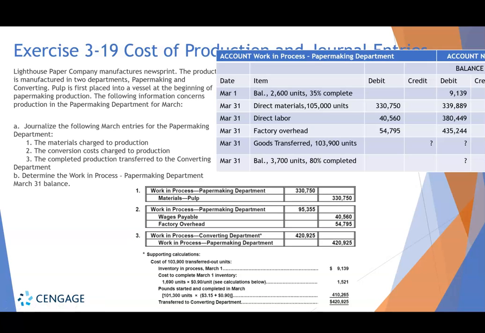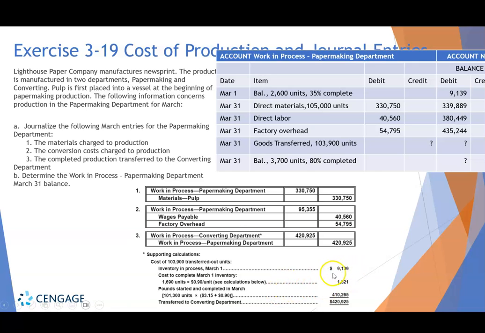Now, when we take it out of the paper making department and transfer it into the converting department, it shows we transferred out 103,900 units. Okay? We figure we started the period with $9,139. In order to complete that inventory, you see it was 35% completed, so we have another 65% to show in this process.